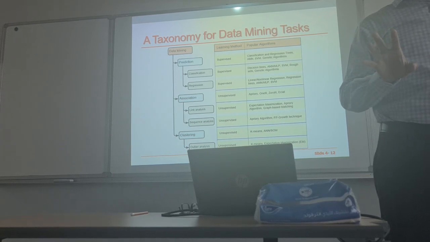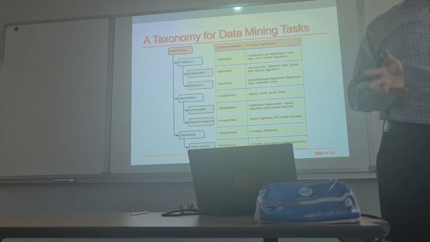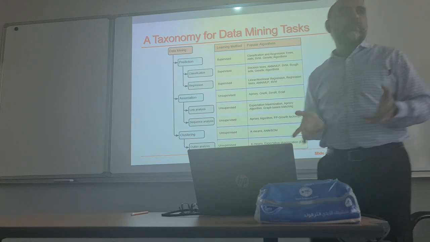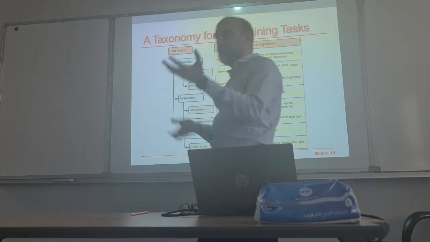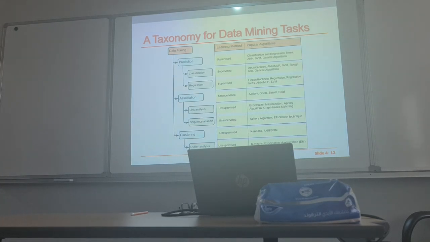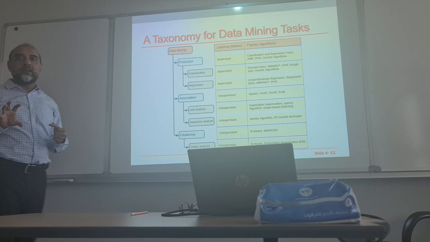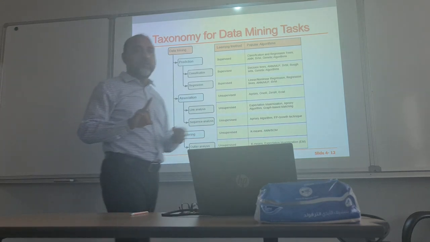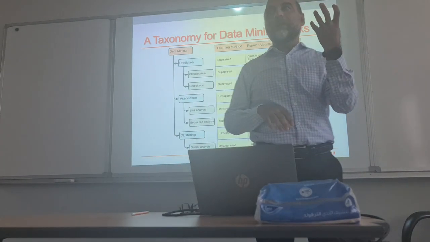Now, there was no basis for that. The algorithm just looked at the data itself and saw that there are 3 groups. That's unsupervised. But if I tell you that there are 3 groups, and each group has these attributes.